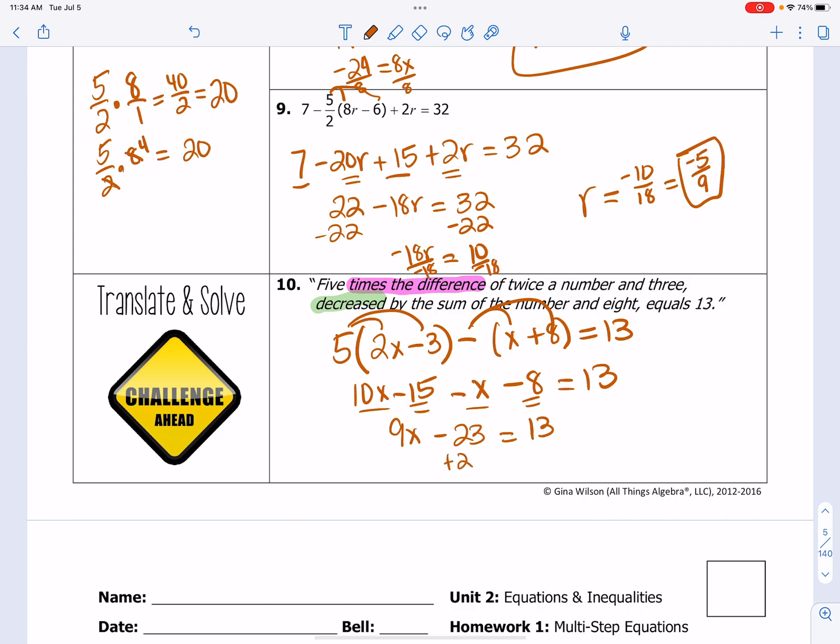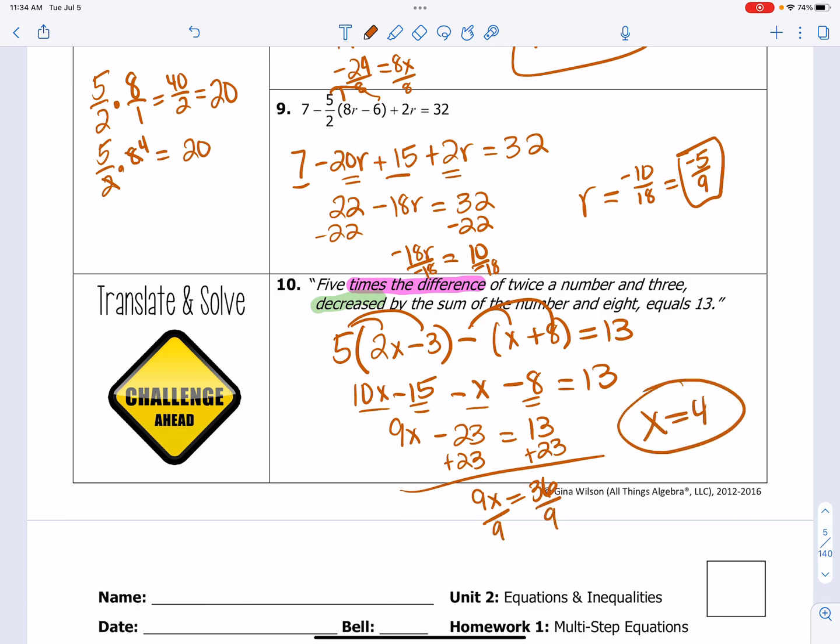I'm going to add 23. And I get 9x equals 36. Divide by 9, and my answer is 4. Okay, that one is a doozy. There are some kind of harder ones on this.